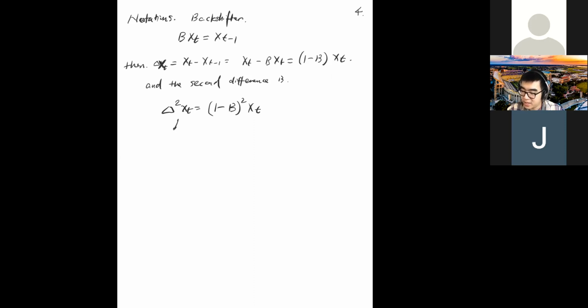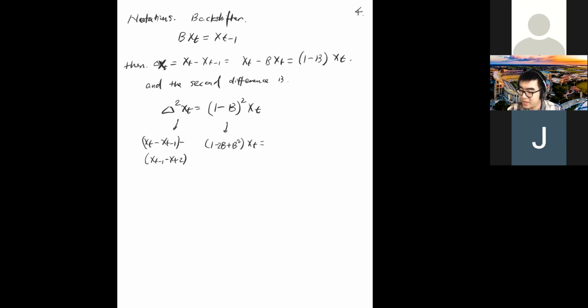This is actually xt minus 1 minus xt minus 1 minus xt minus 2, right? And this part is 1 minus 2B plus B squared xt.